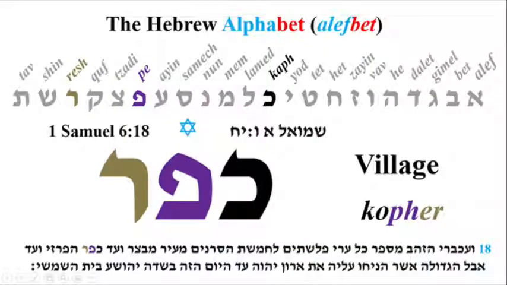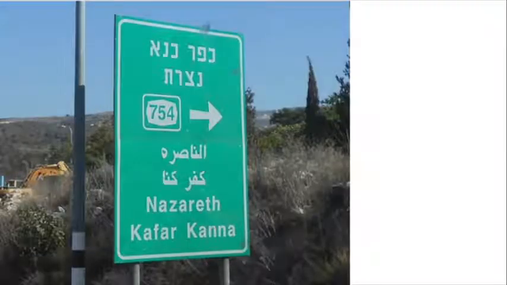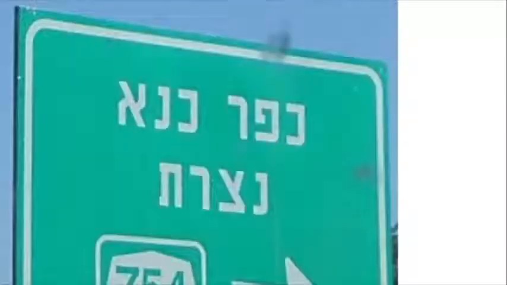Okay, and now driving across Israel, you will see this word a lot. Here, we're coming up to a road sign. If we zoom in, what does it say there? Look at the top. By the way, all the road signs in Israel are in Hebrew, Arabic, and English. So we're going here to Kfar Kana. The first line at the top, you see the word kopher.